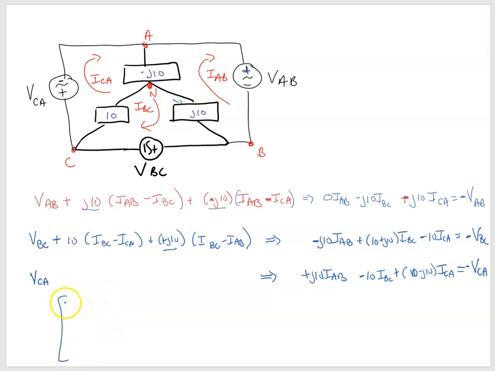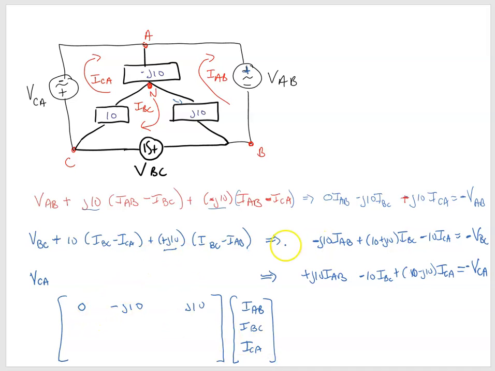So if we put that into a matrix format, then we have 0, negative J10, positive J10, and that's IAB, IBC, ICA, right?